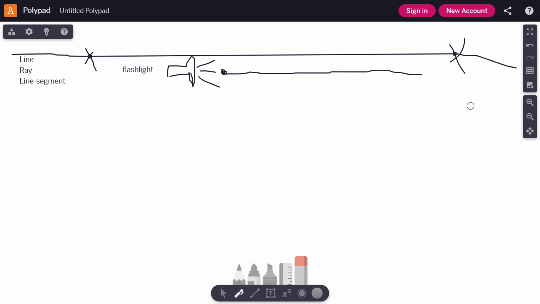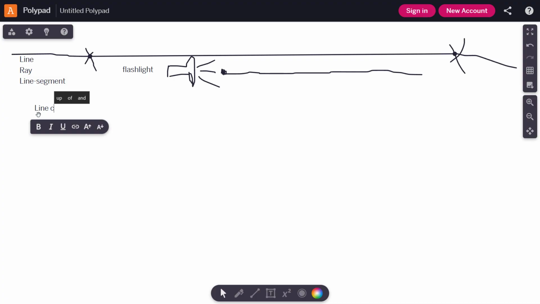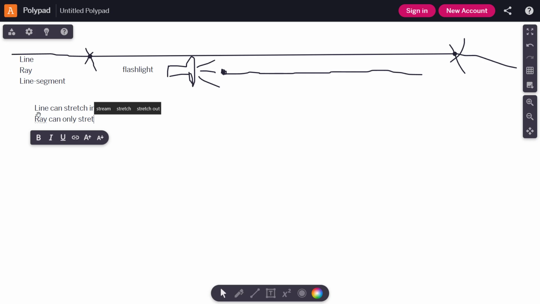Alright, so again, a line can stretch in both directions. A ray can only stretch in one direction.